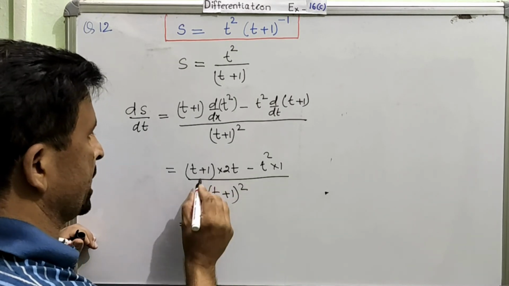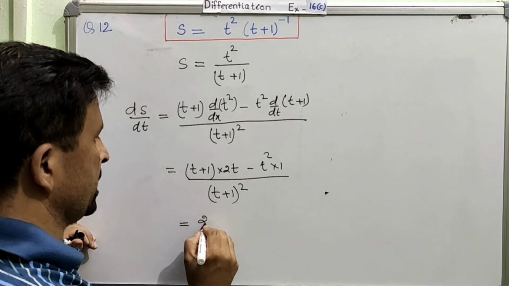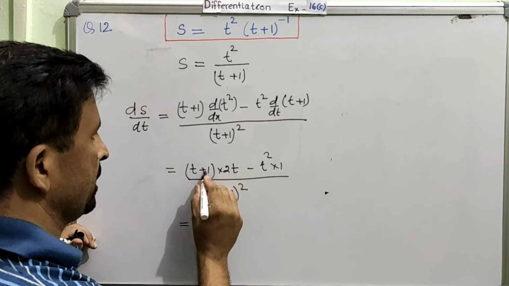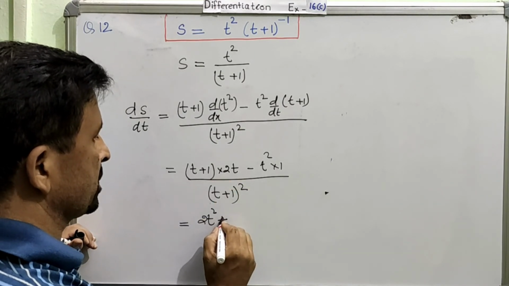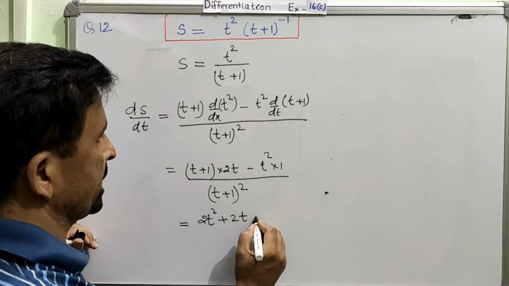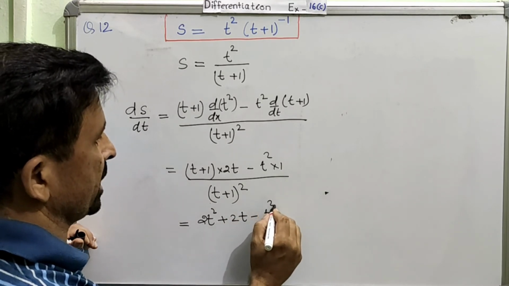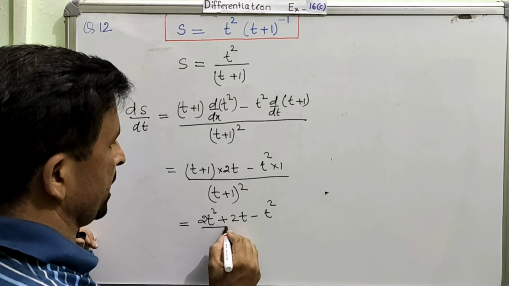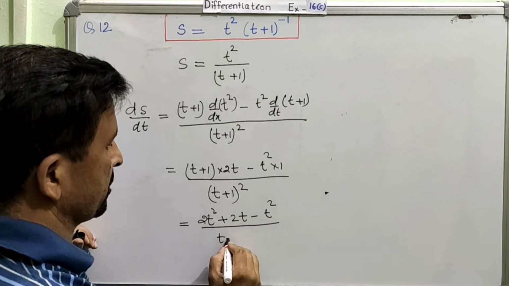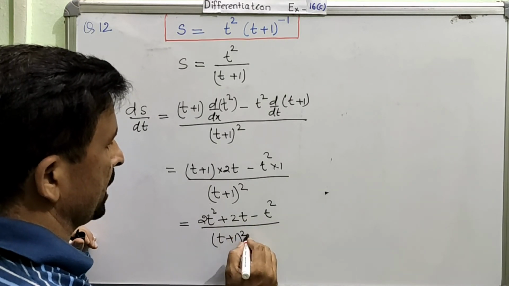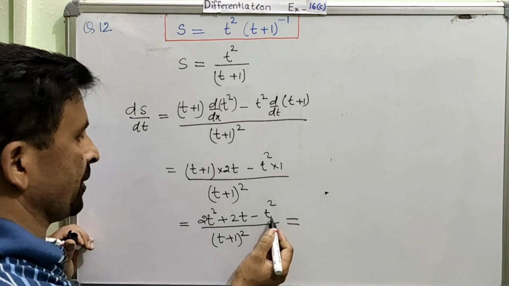Now you can operate the numerator. 2t into t, 2t square. Right? 2t into 1 is 2t. Right? Minus this t square. T square into 1 is t square. And this is t plus 1 whole square. Is it okay? In the next step, we can collect the like terms.